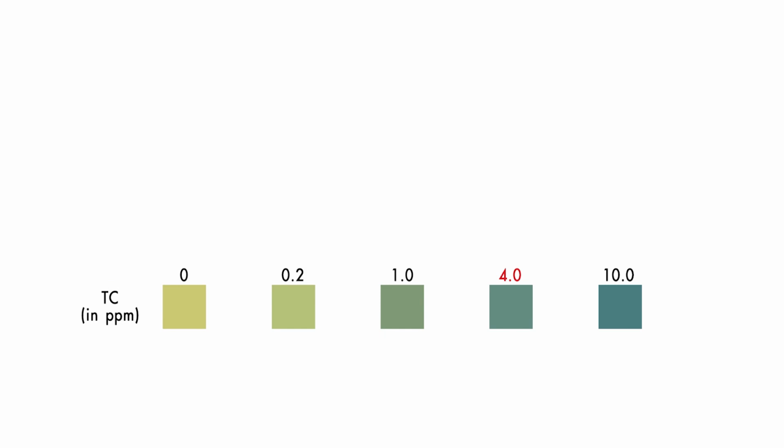Total chlorine, which is abbreviated TC on the indicator chart, is also measured in parts per million. The United States Environmental Protection Agency has determined that a concentration of 4 parts per million of total chlorine is the maximum safe contaminant level for drinking water.